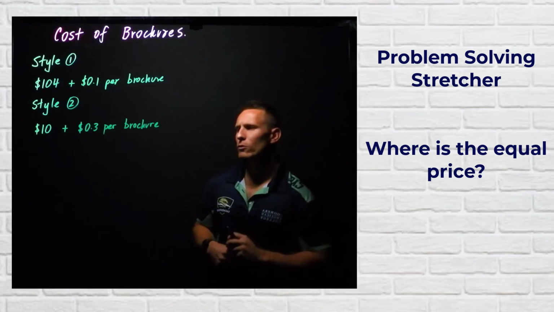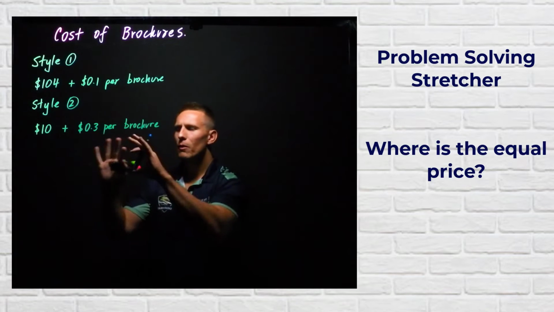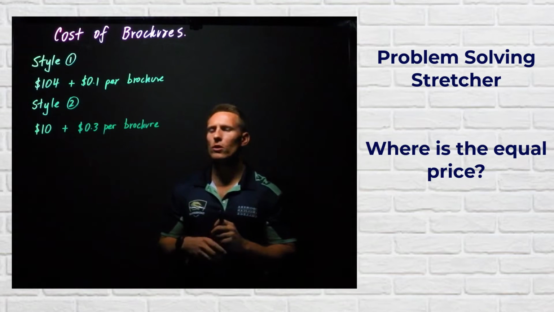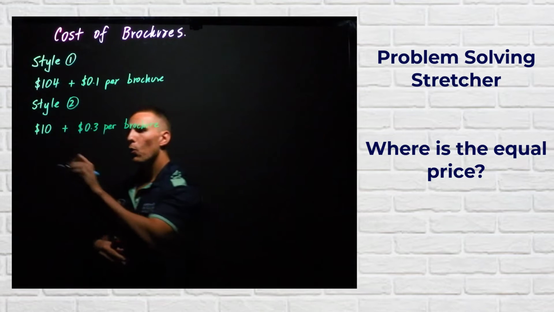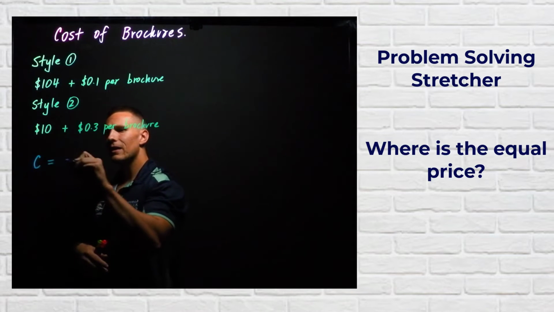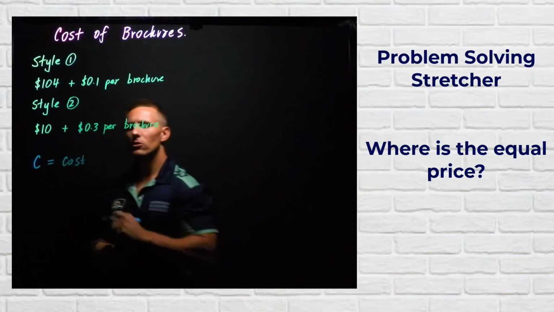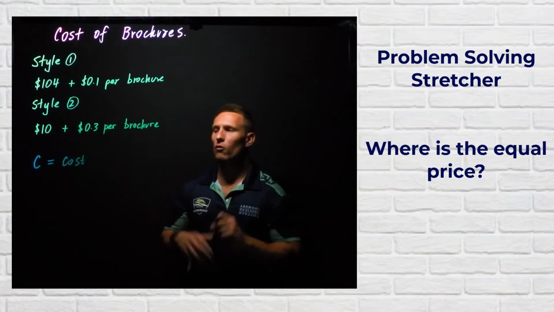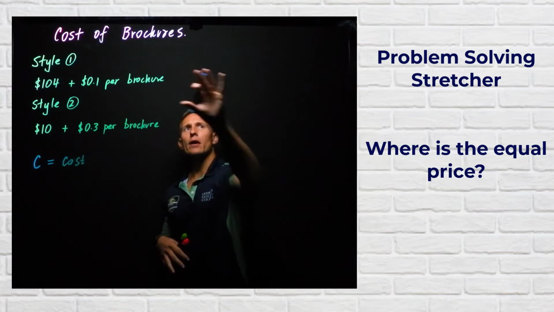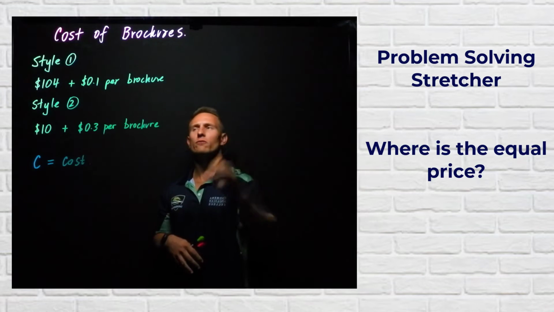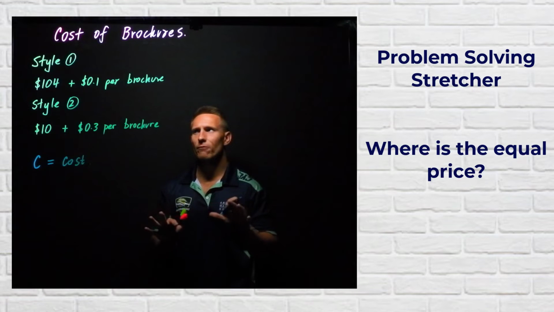So what we're going to do now is set up a few variables, and then use those to solve this problem. We're going to say that C is the total cost of the brochures. And we're going to set up an equation for style 1 and an equation for style 2. So that's our first step.